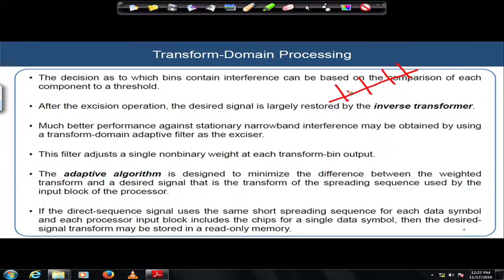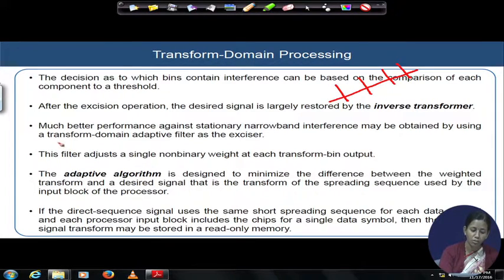And we can deploy another kind of filter architecture inside the exciser to perform the suppression of the interference if the interference is static. For this stationary narrowband interference, we prefer to deploy a transform domain adaptive filter as an exciser. This filter adjusts, for each and every bean, a non-binary weight vector.